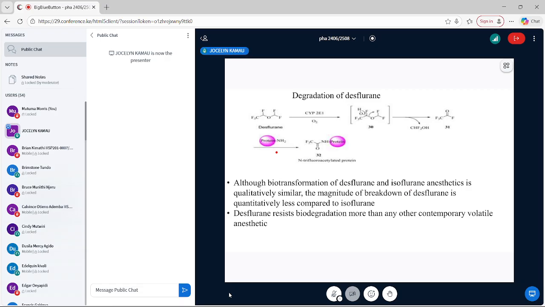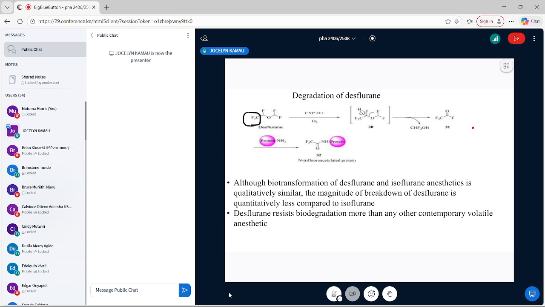completely different. And because of the structure, we will see the structure somehow is able to give desflurane stability against oxidation. So when we look at desflurane, that is the structure of desflurane, and you can see that it has this trifluoromethane substituent, which you do not find in the other compounds. So you have that trifluoromethane substituent, and then you have a fluorine, and then you have an oxygen, and then it is metabolized.